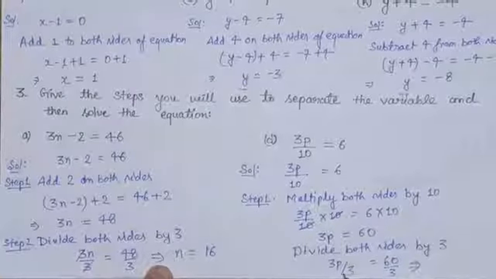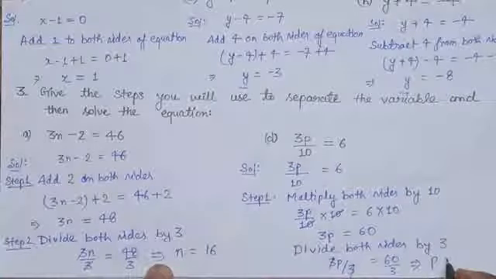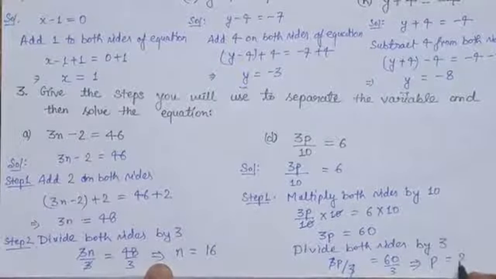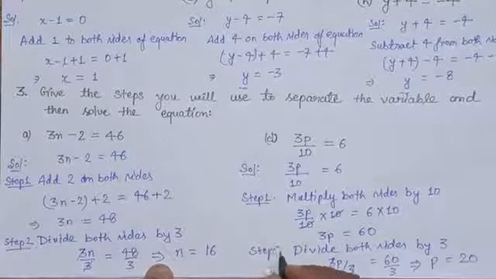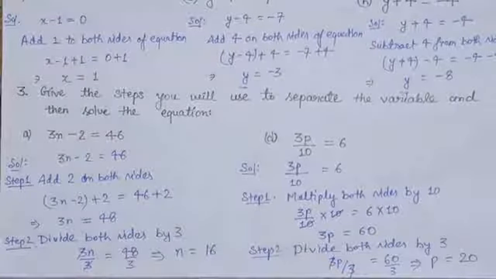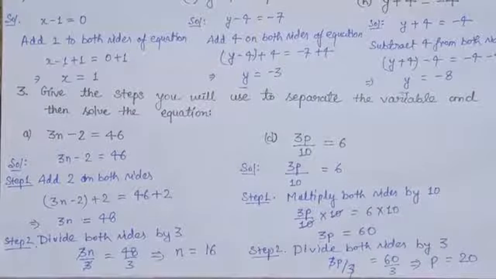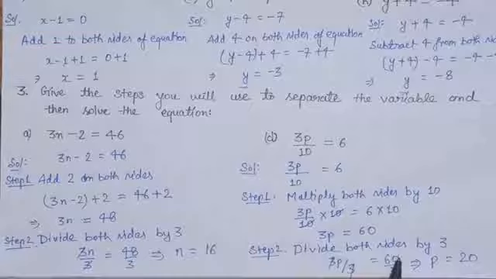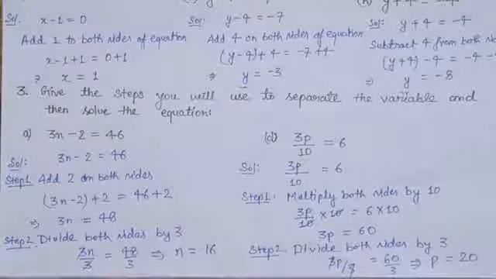It implies that here 3p by 3, so 3 and 3 are cancelled out, so we have p only, and 60 by 3 is 20. So this is step 2. So what are the steps that we have followed? First step is multiply both sides by 10, and the second step is divide both sides by 3. And we have the solution that p is equal to 20.